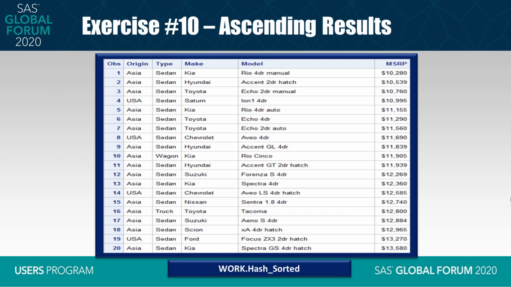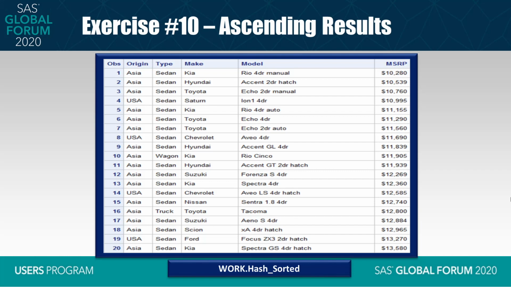And we can see from the results, if you look at the MSRP column, the last column in this data set, the MSRP is in ascending order by the dollar value for each one of the cars. So it looks like it worked well.